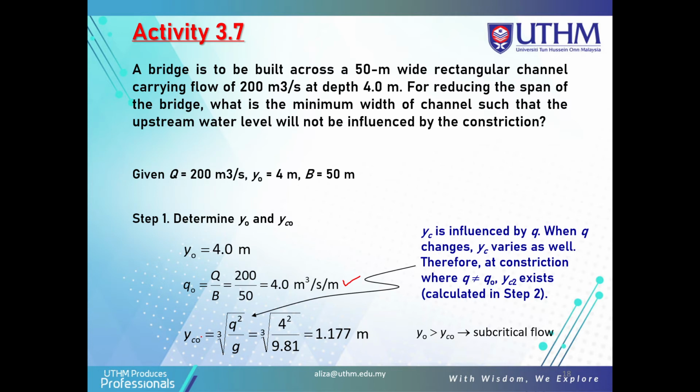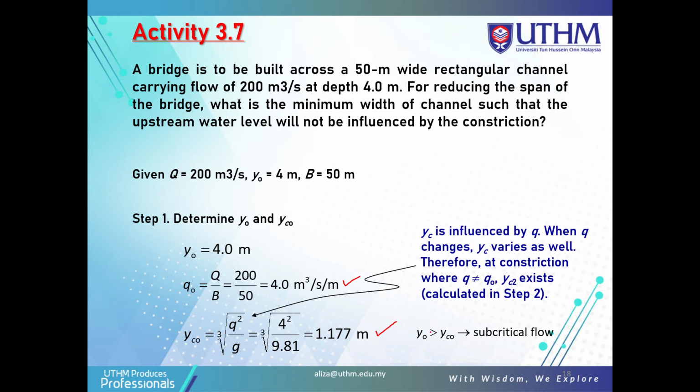Okay, and then to get the Y critical for constriction, we just put the values into this equation, and we get 1.177. So we know that Y naught is 4 meter and Y critical at constriction is 1.177, so this is less.